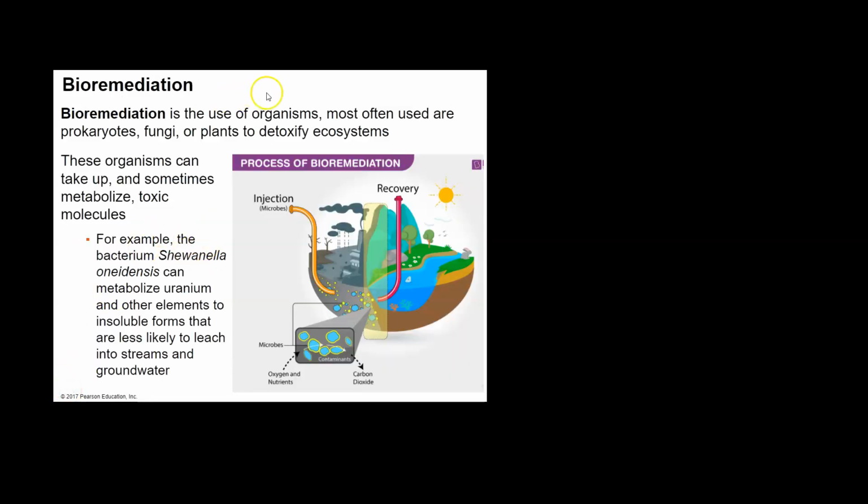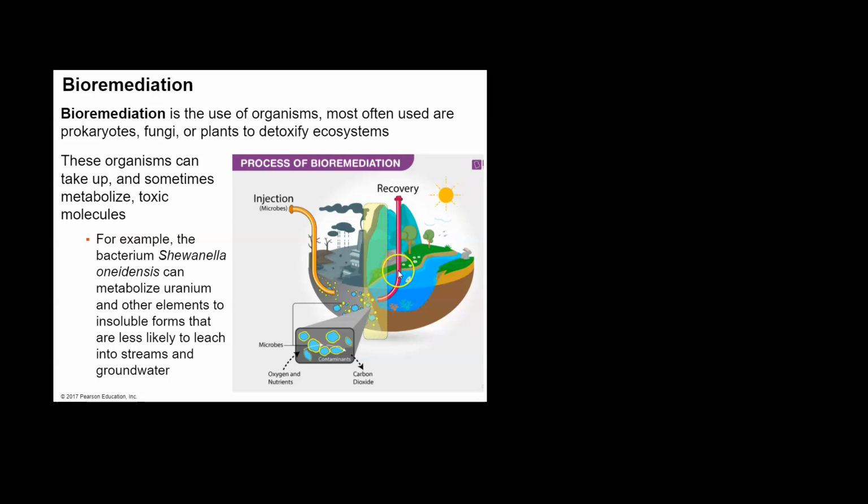The first one, bioremediation, is using organisms, most often bacteria, prokaryotes, or fungi or plants, to detoxify an ecosystem. So if an ecosystem, for example, has some sort of toxin that has disrupted it in some way, then the introduction of, for example, some microbes to that system can help remediate it back to recovery.